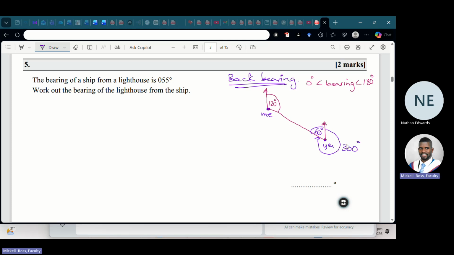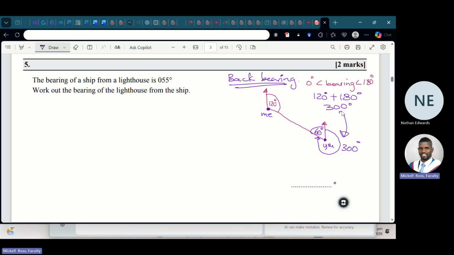Why do we say it must be 300? Because one full turn at you must give you 360 degrees. So we know 60 of it already, so the remainder must be 300. Do you recognize that based on back bearing, the first bearing, because it is greater than 0 but less than 180, if we add 120 to 180, we get 300 degrees, which is you looking back at me.